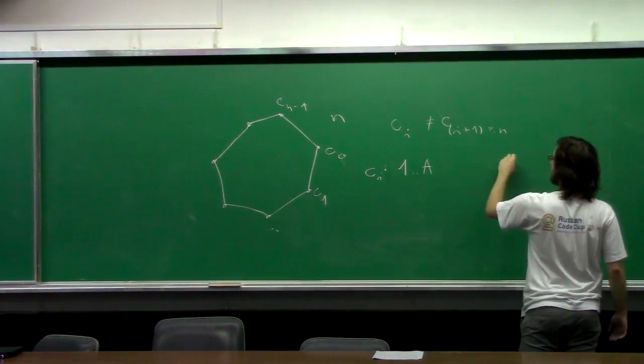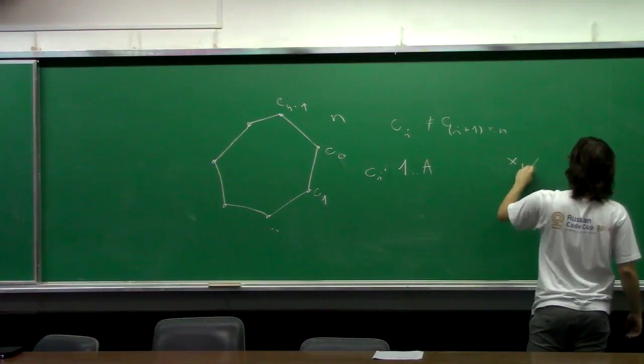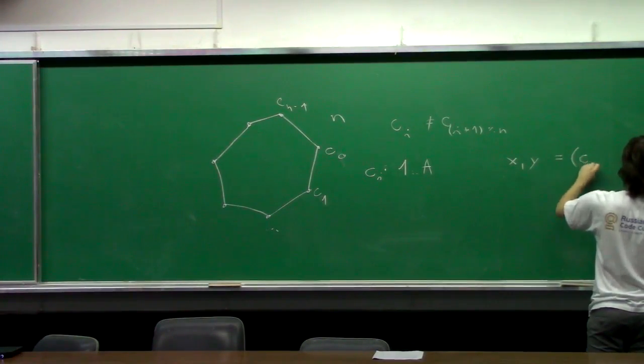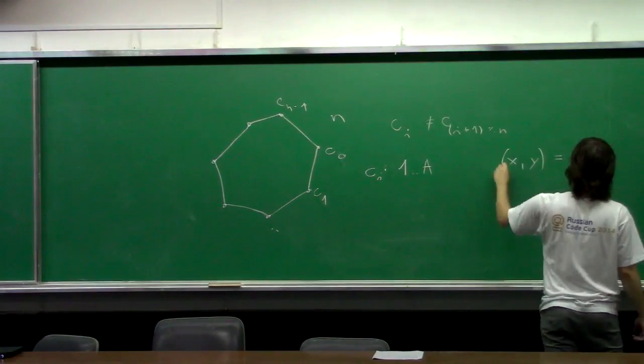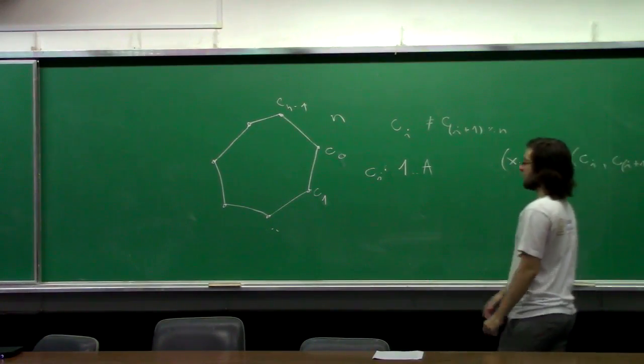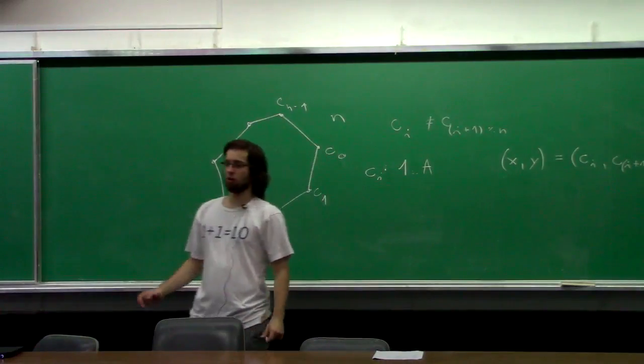of colors X, Y appears at the ends of some edge. So we take all possible pairs of colors. There are A times (A minus 1) divided by 2 of them.